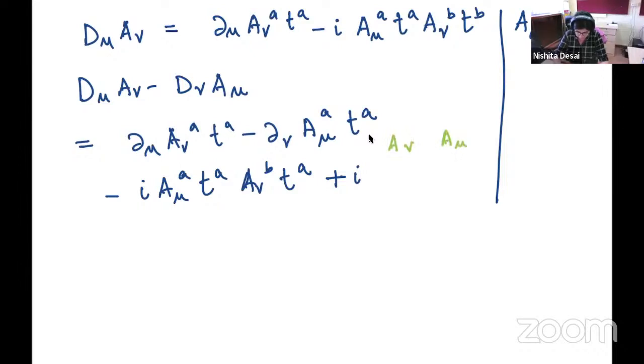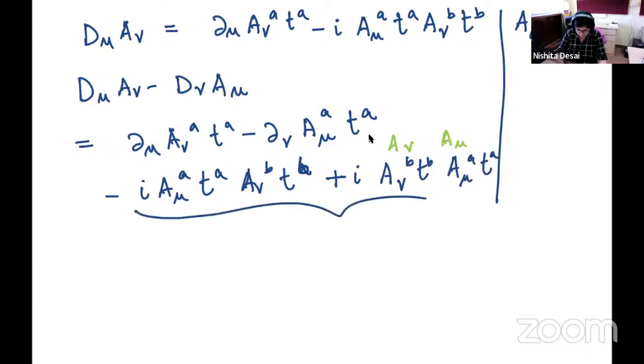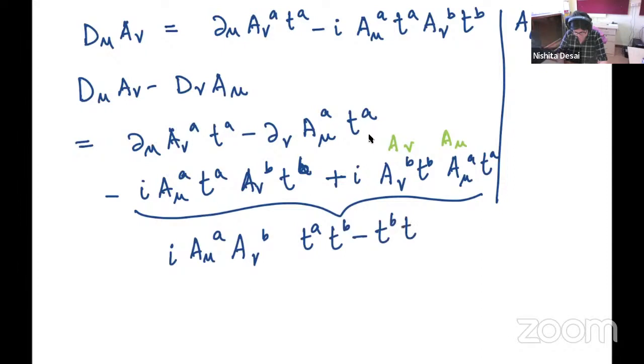What I'm going to do is just use the same A's and B's as they are in the previous terms, just to make things easier. Okay, so just looking at these two terms, that looks like this.